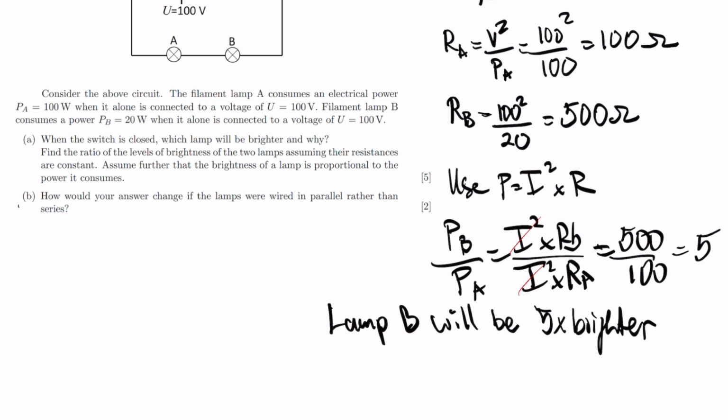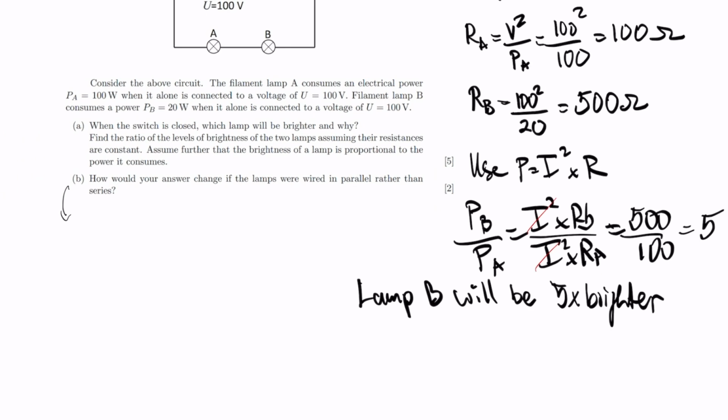So for B, the critical bit is that whenever we have things in parallel, the voltage will be the same between them. So we can probably use the ratio, given that we know their resistances, but I'm just going to write that in parallel, V is constant. And this is what we'll be able to cancel out from our equation.